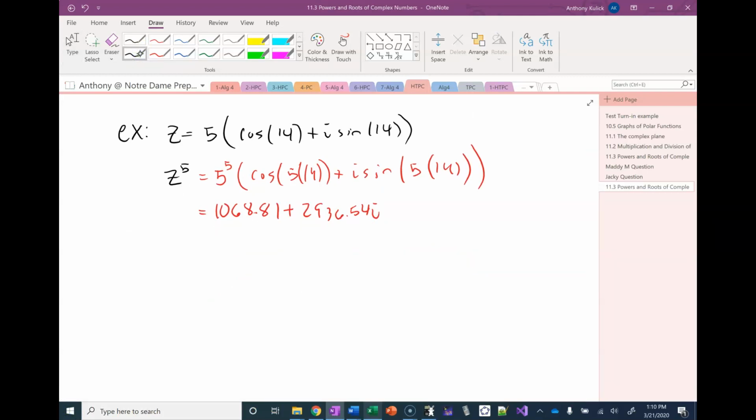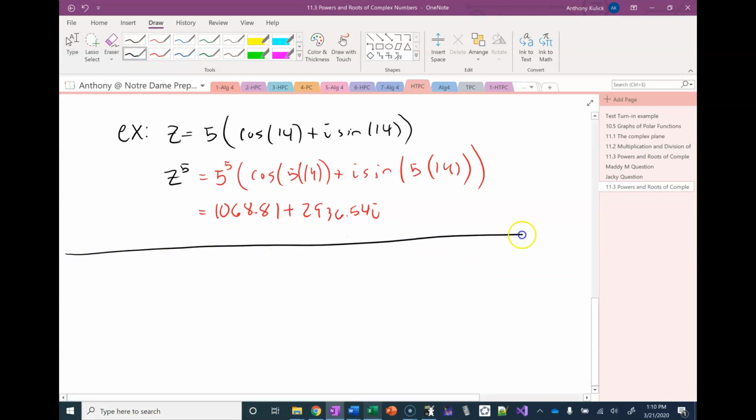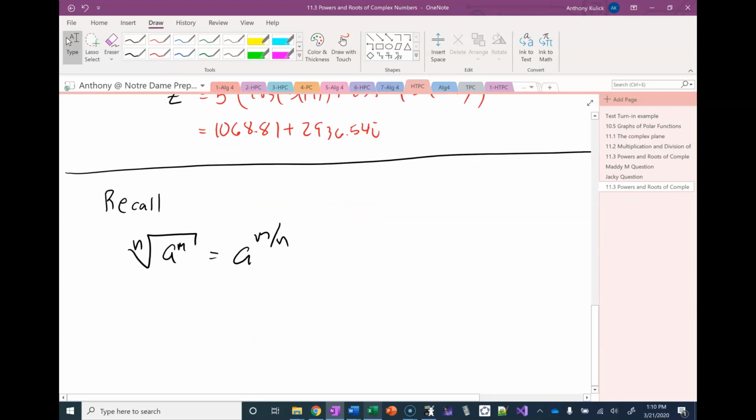Next up then is to deal with roots of complex numbers. So recall, if you will, that we had a formula for converting radicals into exponents.